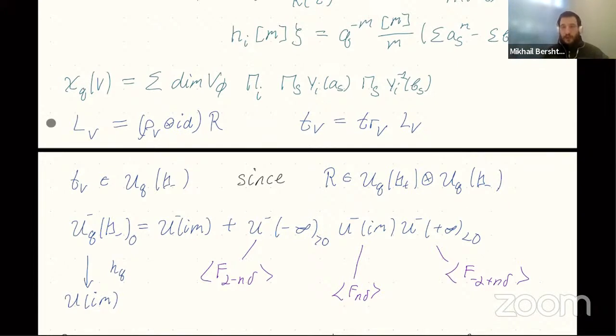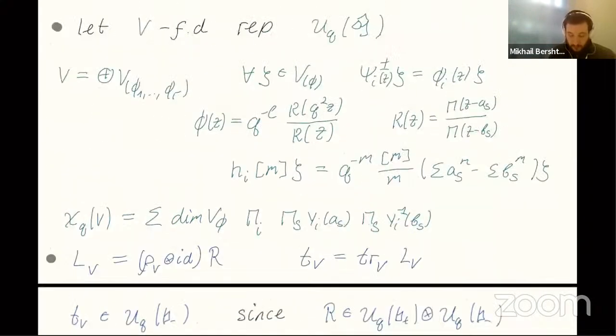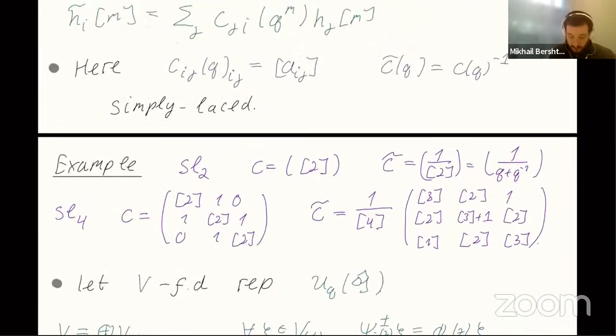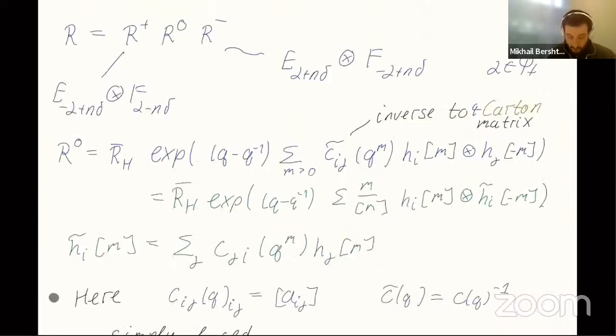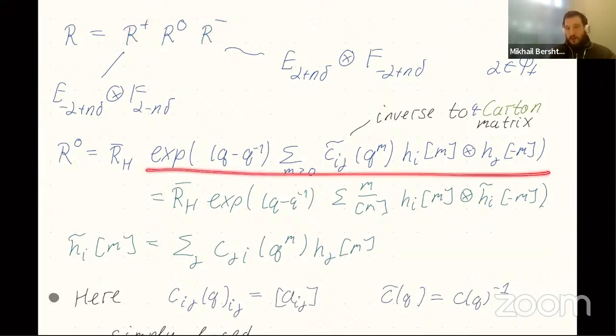Now I want to combine what I did all the time before. I compute L_V using the formula for the universal matrix, this formula, and take the projection. And the idea is the following: using the projection, I will ignore this part and this part. So actually, I will use only this.